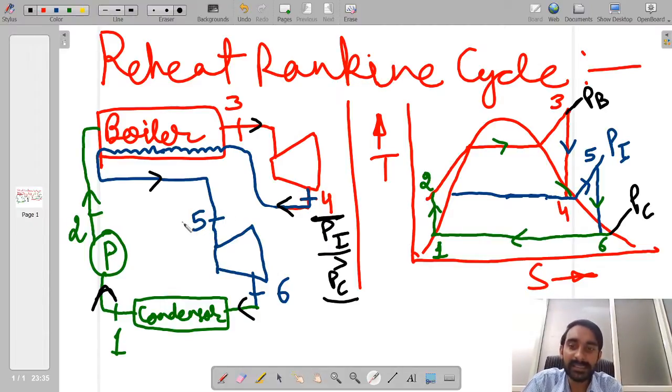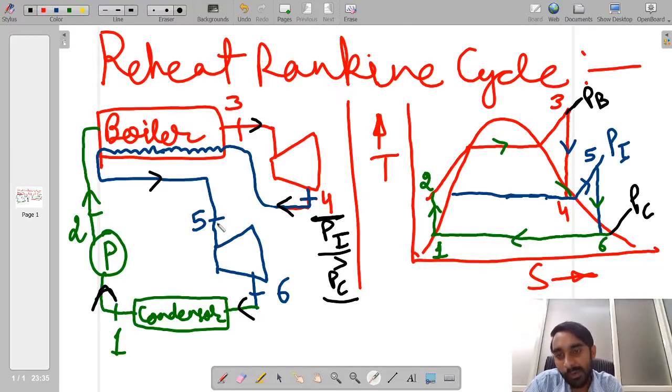However, state number 5 corresponds to the intermediate pressure PI, because in the process 4 to 5 we only have heat addition and no mechanical device attached which would change the pressure of the steam. So the pressure has remained the same, while heating has been done inside the boiler.